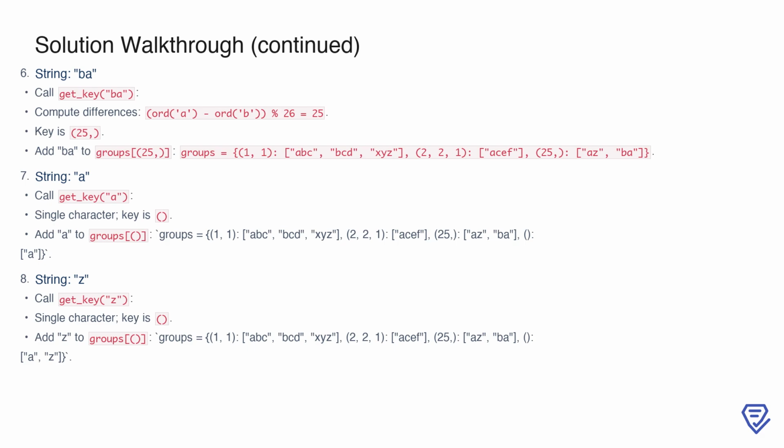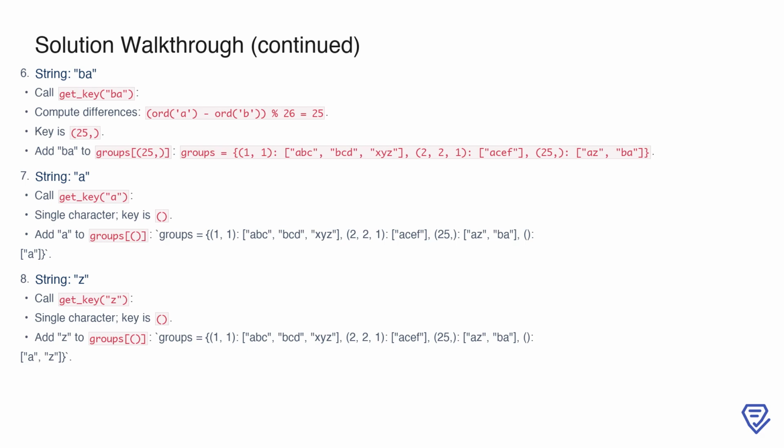We add BA to the group with this key, updating groups to include (25): [AZ, BA]. Next, we process A, which is a single character. In this case, the key is an empty tuple. We add it to the group corresponding to this key. Finally, for the string Z, another single character, the key is also the empty tuple.